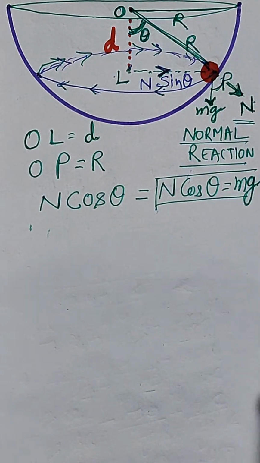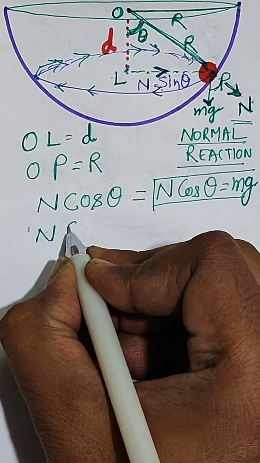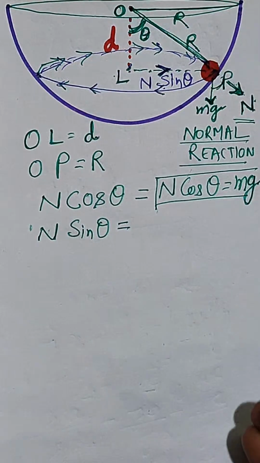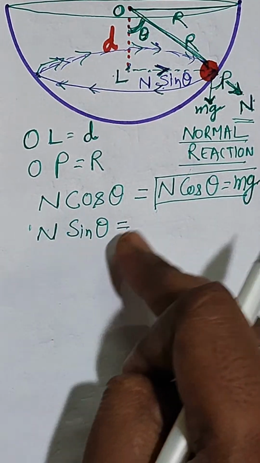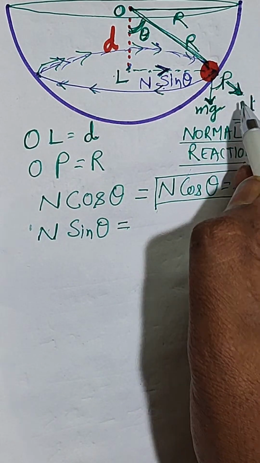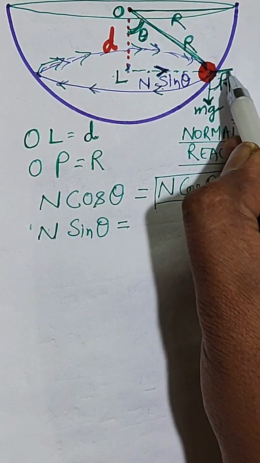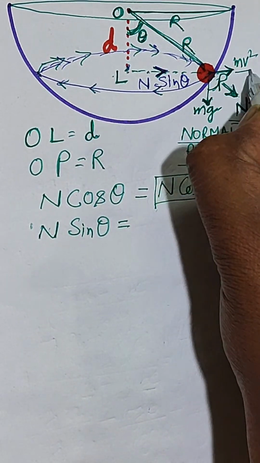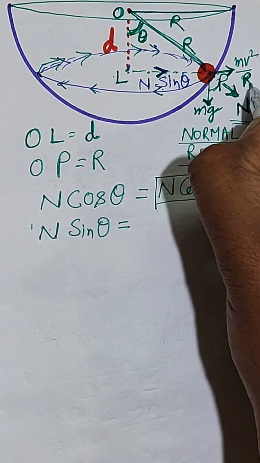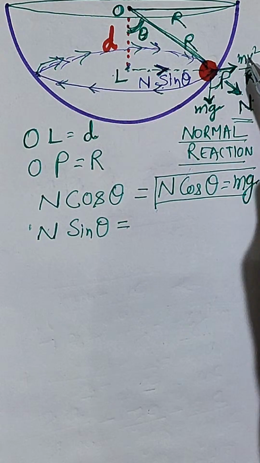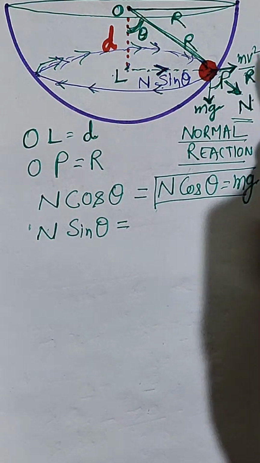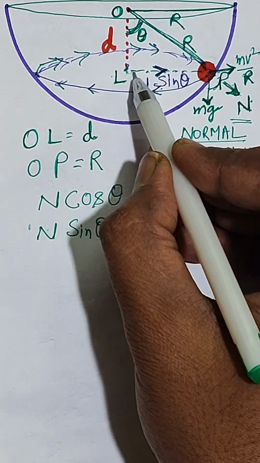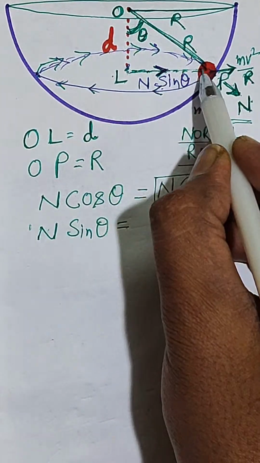This N sin theta, the horizontal component, is equated with mv squared by r, the centripetal force. This mv squared by r is happening at r sin theta, because this is the radius of rotation.